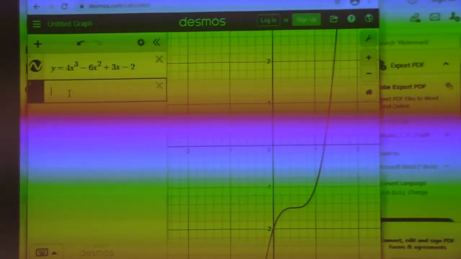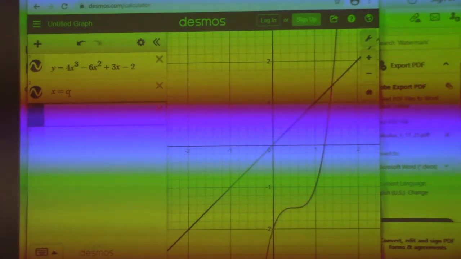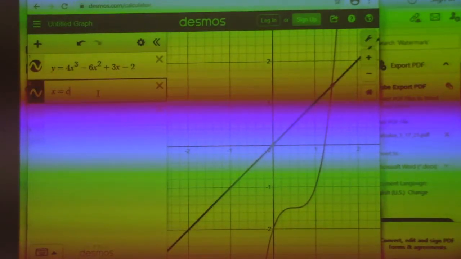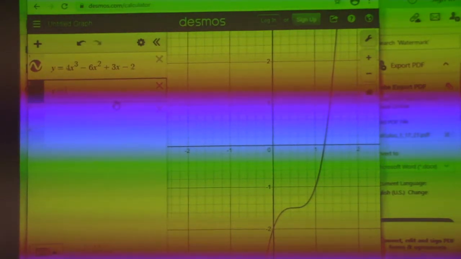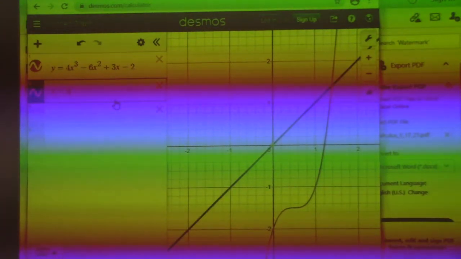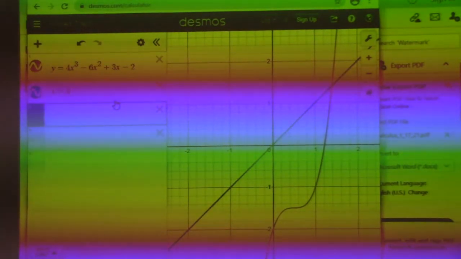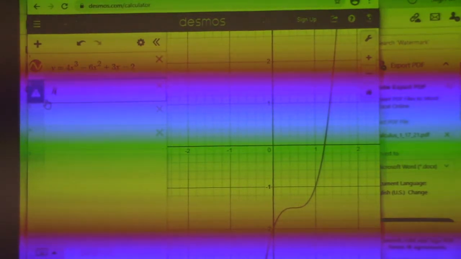Here's something else you could do that's fun. Check this out. x equal to c. Hey, wait a minute. Come on. Is c something? Why did it? Let me try something else. h. What on earth? It's not asking me to.